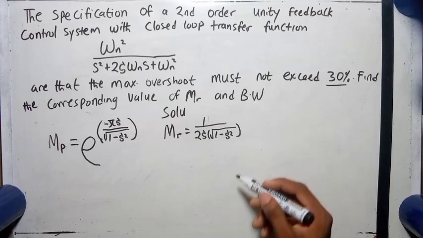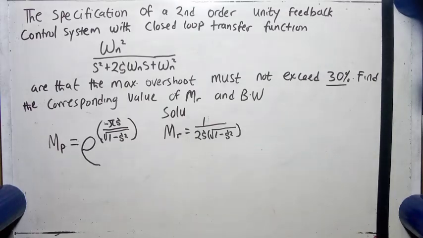Then for our bandwidth, we also need WN. We need to know what WN is. So at least let's start somewhere. From this, we can first of all solve for zeta. But as you can see, we weren't given WN, so we don't know what our undamped frequency is. So we'll just work with what we know for now.